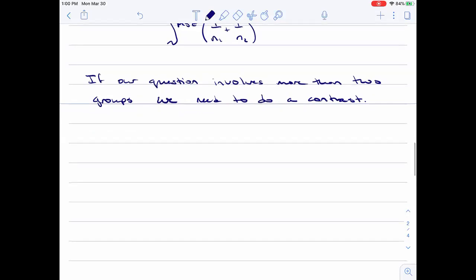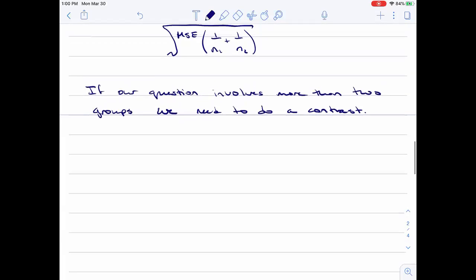Or actually, I jumped the gun. Not a contrast quite yet. A contrast is a specific linear combination.